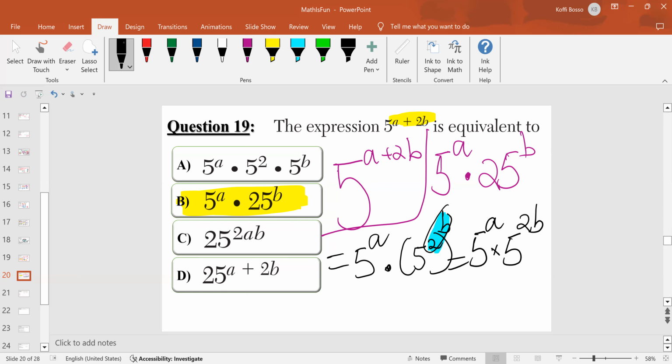So I multiply 2 by b. Now, because I have the same base, I keep that base and I add the exponents. So that gives me a plus 2b. So yes, using B, we get this.